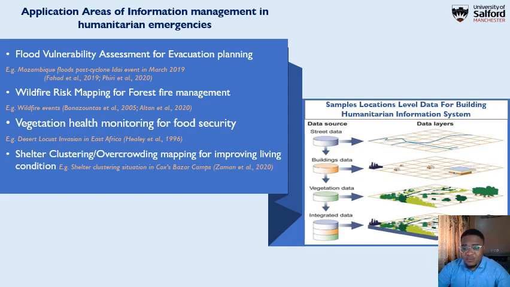For instance, as seen in the following examples: flood vulnerability assessment and evacuation planning. The 2019 case of the Mozambique flood and post-cyclone Idai shows us an example of how information management was very effective in that response.